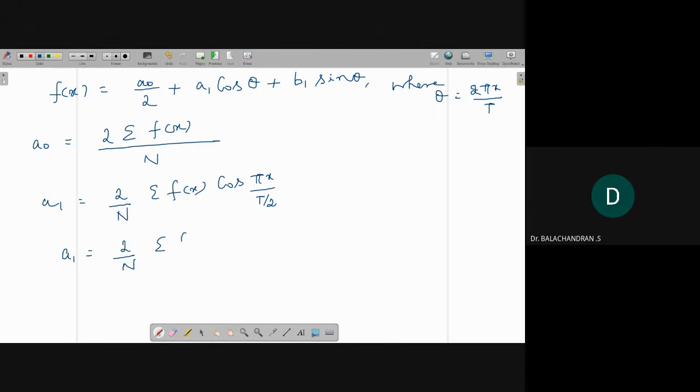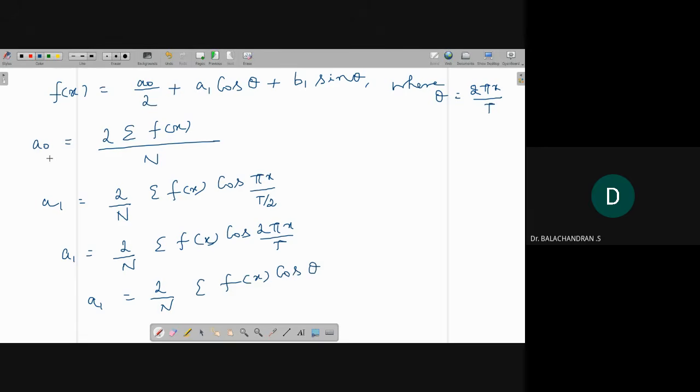summation f of x into cos 2 pi x by t. Cos 2 pi x by t is cos theta. So a1 equals 2 by n summation f of x into cos theta.